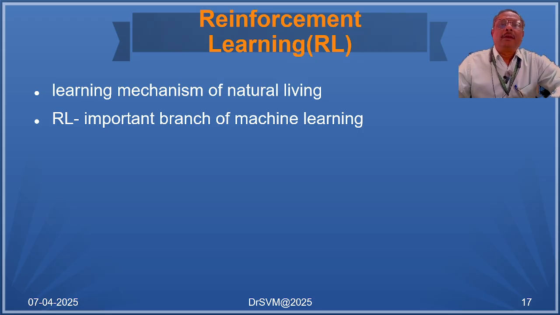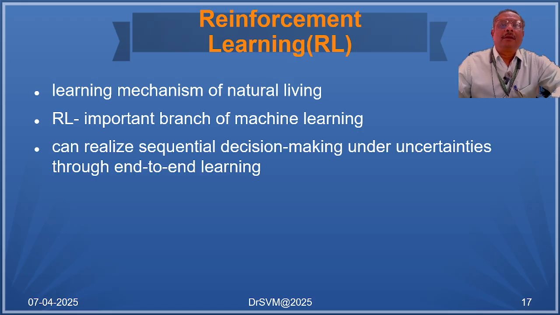Reinforcement learning is an important branch of machine learning, and here we can realize sequential decision making under uncertainties through end-to-end learning. So reinforcement learning can realize sequential decision making under uncertainties because we can't predict what could happen next, but we still have to know what we need to do.